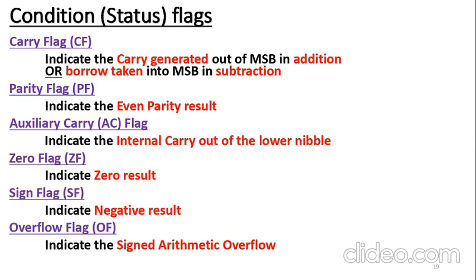And whenever these 2 signed numbers are added together, say for example, and after addition, whatever result is generated, if that result is larger than the capacity of that 8-bit destination register, in that case the signed overflow flag will be set to 1. As an example, in case of 8-bit signed addition, the maximum number that an 8-bit register can hold is plus 127.